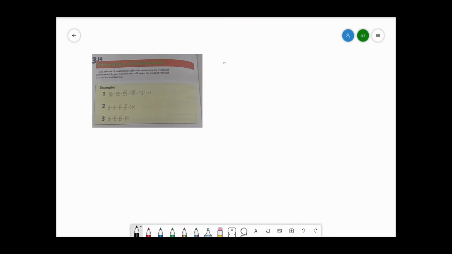So our first one here is if we have 5.0 over the square root of 2.0. Now, what we need to do first is make one of these something that we can reduce down or rationalize.